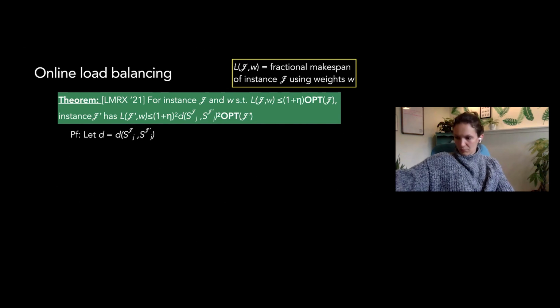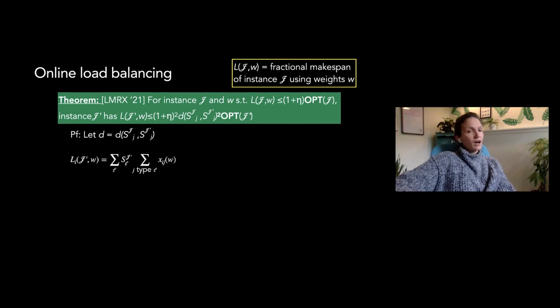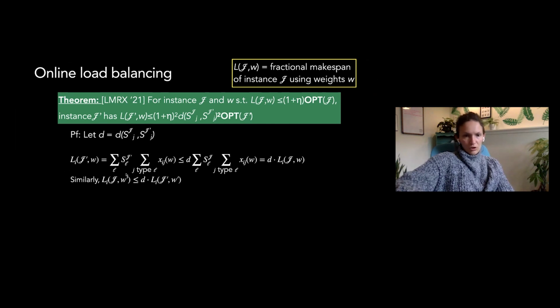So I actually don't know if I want to talk about the proof, just given time. I think I will not do it in huge detail. But all I really wanted to get across is that the proof is really not that difficult. You're kind of just symbol pushing. So what you can do is look at the load on a single machine I, and overall you can show that if I use the W prime weights for J, that's going to be at most D times using the W prime weights for J prime.